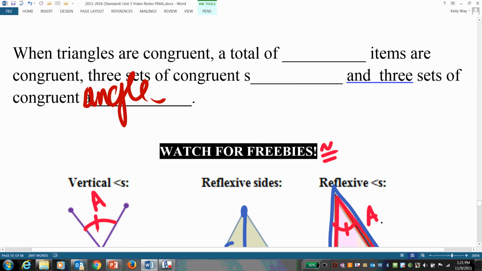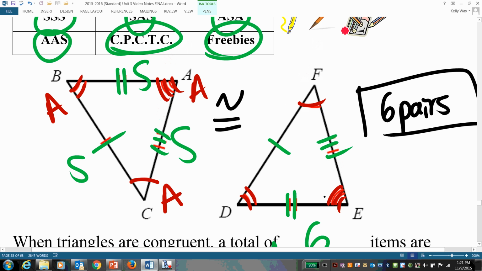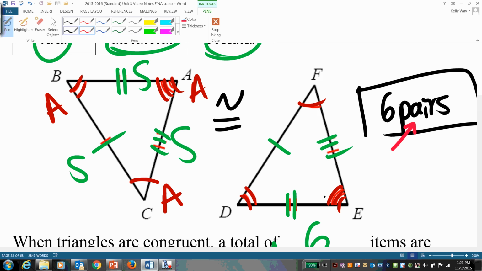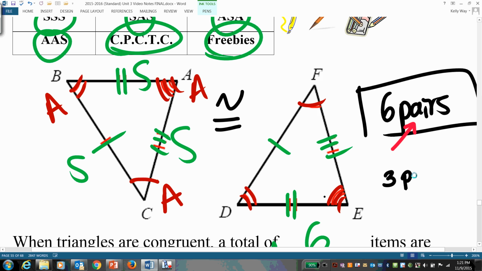Now, what we're going to learn today is, again, when triangles are equal, we have 6 pairs of things equal. We're going to learn a shortcut. This shortcut says if I have a minimum of 3 pairs of things equal, then the other 3 pairs are congruent.